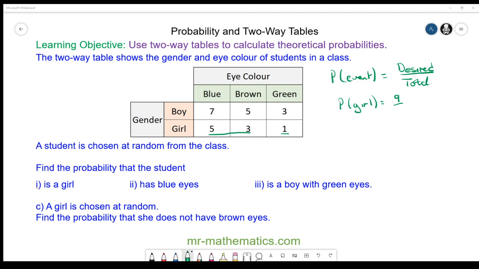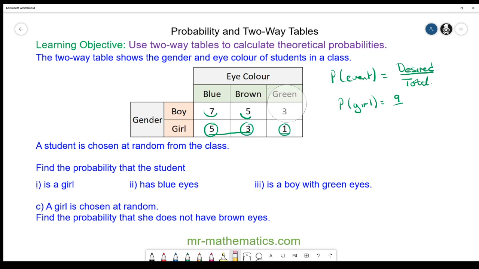Okay, so the total number of outcomes, well, there are the 7 plus 5 is 12, 15, 20, 24 outcomes.